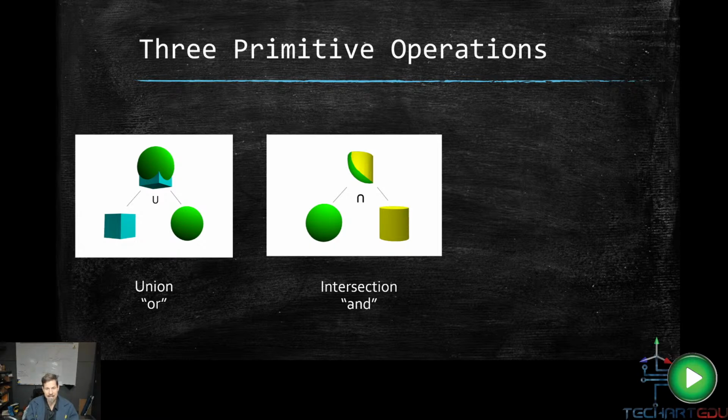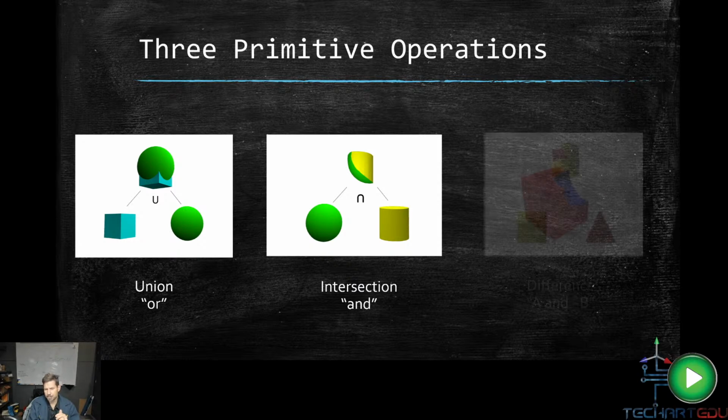That's why it is an intersection of both: whatever volume is inside of the sphere and inside of the cube. So we've got Boolean OR and Boolean AND, union and intersection.